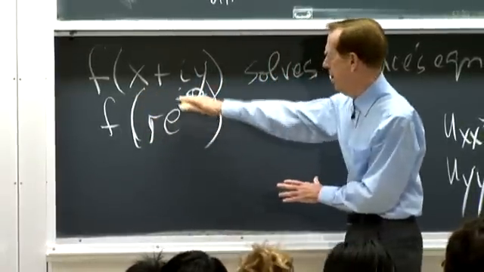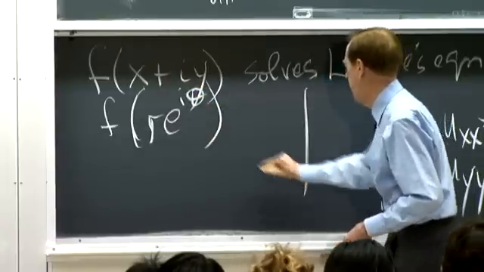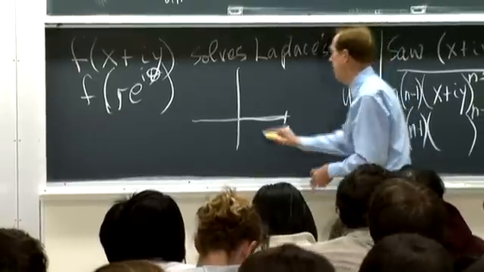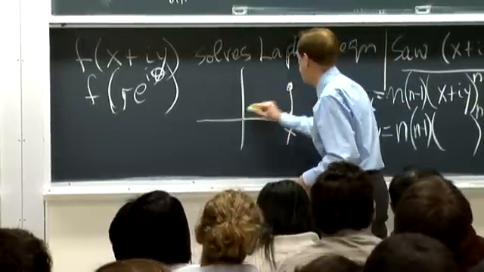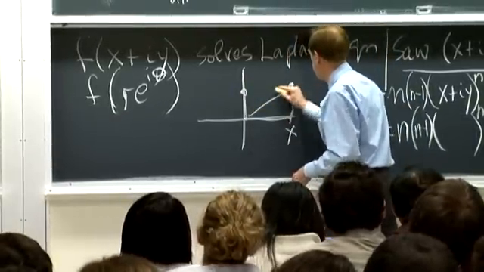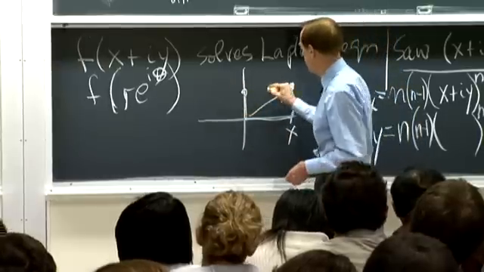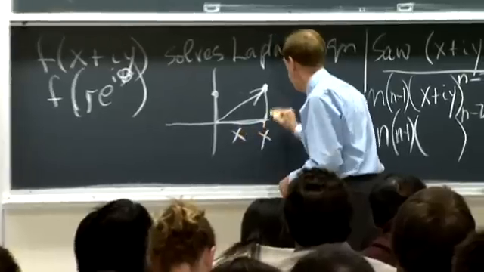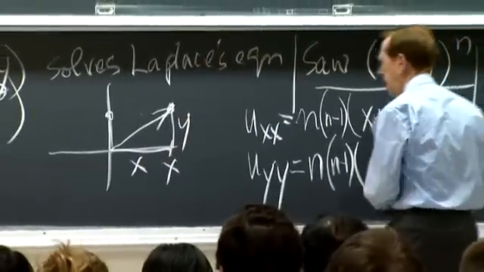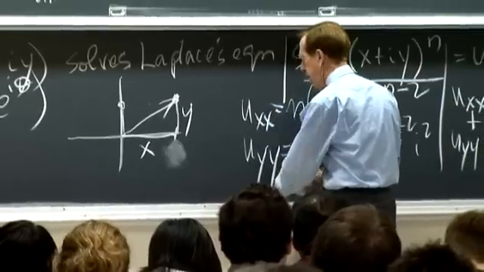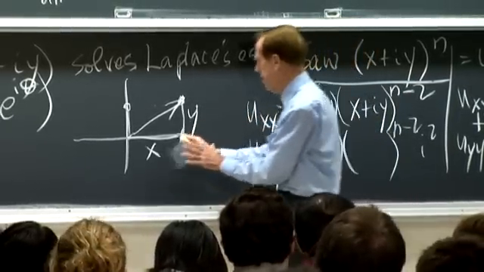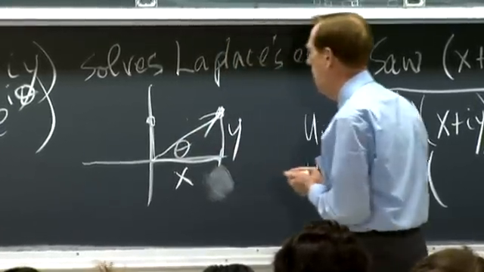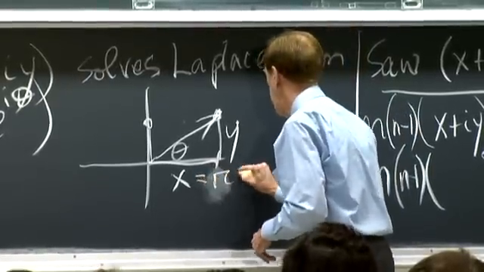Everybody recognizes r e to the i theta is the same as x plus iy. Better just be sure we've got that. x is some point here in the complex plane. iy takes us up to here. So there's x plus iy. And there's x and there's y. Everybody knows this picture, right? Now if I want to go to polar coordinates, that angle is theta. This x is r cos theta.